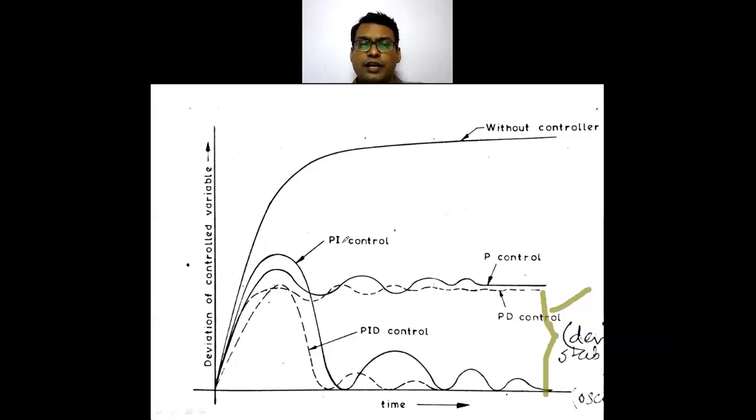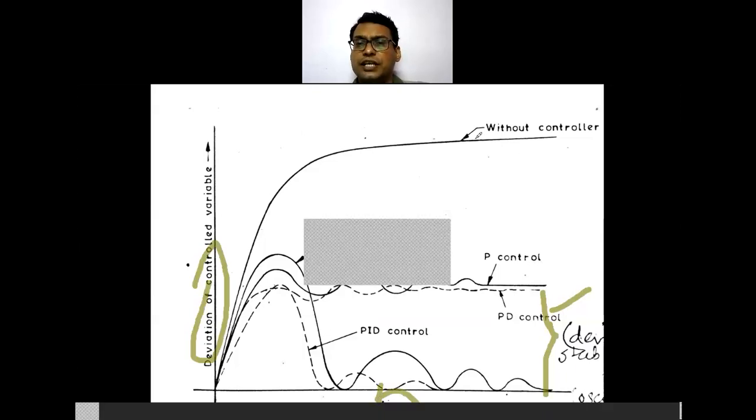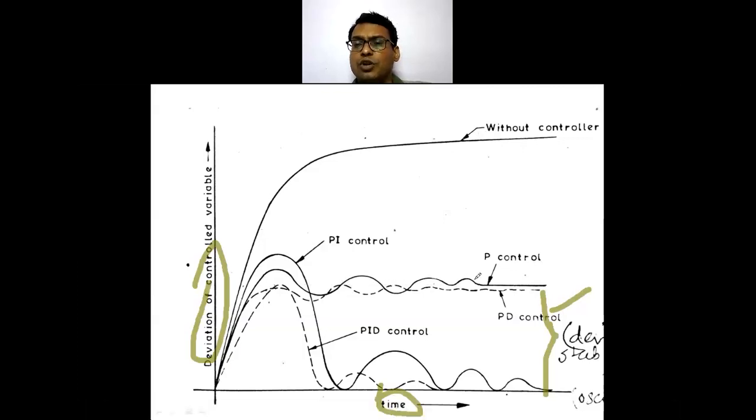So this is what we are discussing, the deviation of the controlled variable against time. For no controller, there is a big deviation. Then for the proportional controller, the offset is there with oscillations.